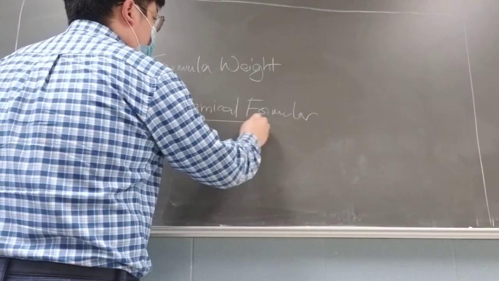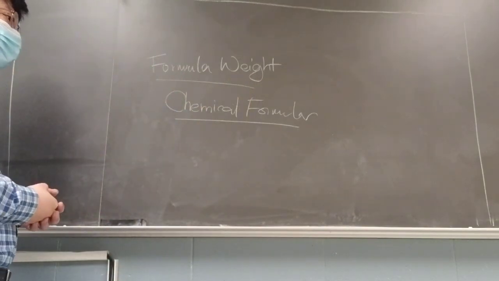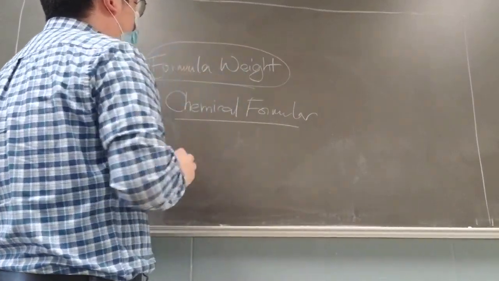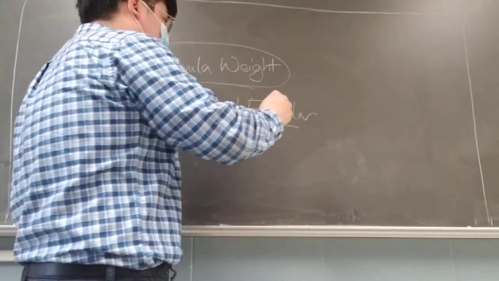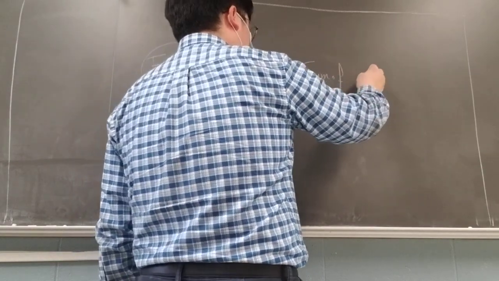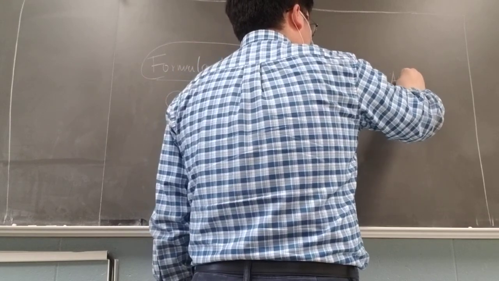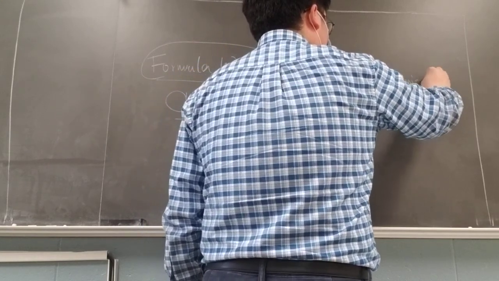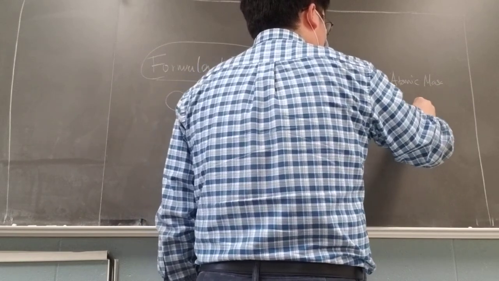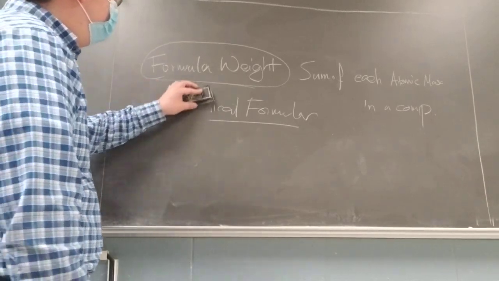So when you look at these numbers of elements in the one chemical formula, you'll be able to get the numbers for the formula weight. Because the formula weight simply means the sum of each atomic mass in compounds. So I'll give you some examples here.